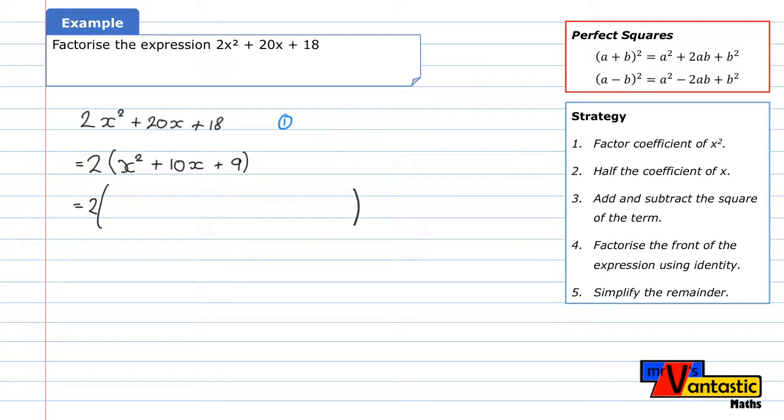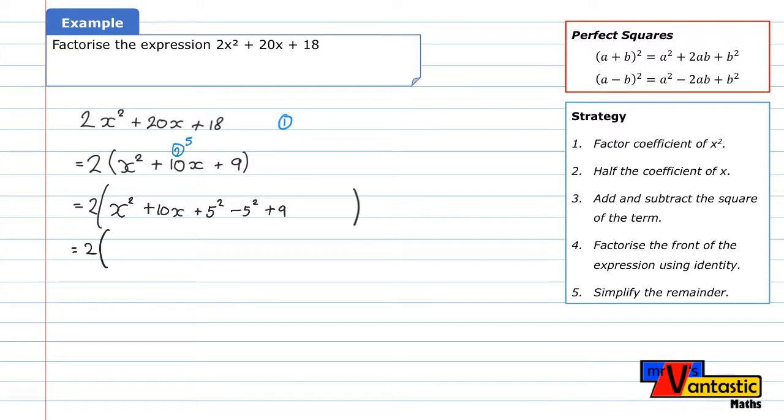So if we want to factorize x squared plus 10x plus 9, we start by halving the term in front of the x. So half of 10 is 5. And so we can change this expression into x squared plus 10x plus 5 squared minus 5 squared plus 9. And we're used to doing that now.